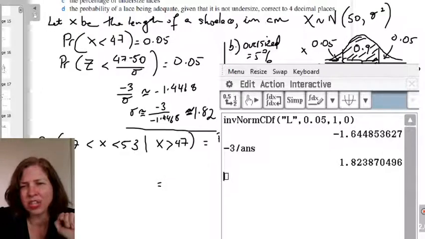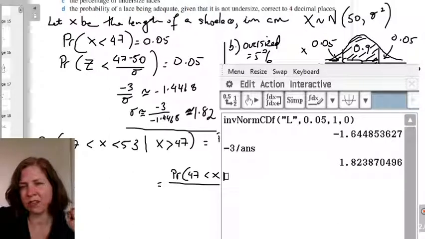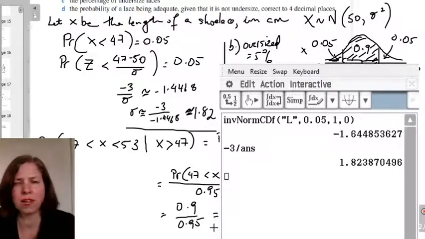So the intersection of being between 47 and 53 and being greater than 47 is simply 47 less than x less than 53. The probability that x is greater than 47 is going to be 1 minus 0.05, so 0.95. So what I've got is 0.9 over 0.95, and it turns out I will need my calculator after all just to do that part.